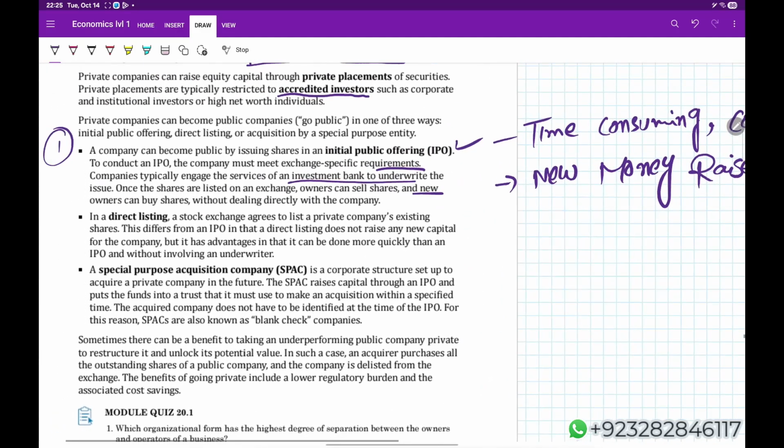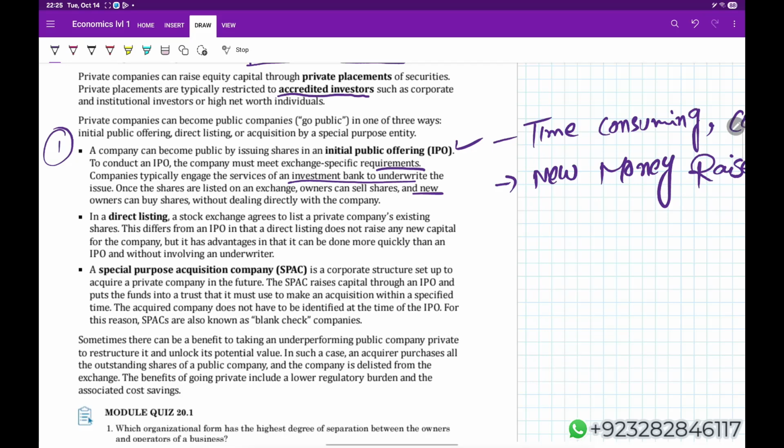Another way is direct listing. Direct listing is when the company says we have this number of existing shares, just list those shares as publicly listed. In this structure, the shareholders are offering their existing shares to the general public for the very first time.